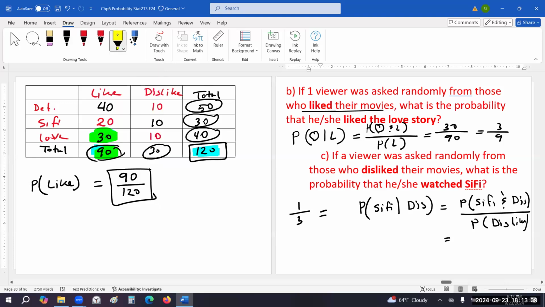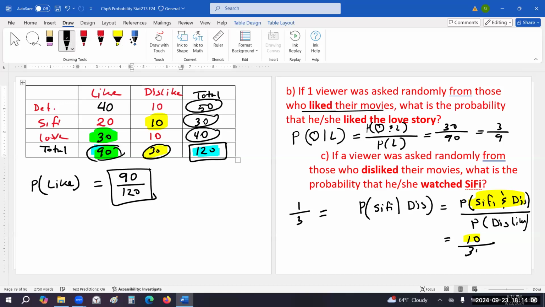So we have sci-fi but dislike 10. They watch sci-fi but they dislike that, like me. We have 10 divided by total dislike. Total dislike is 30. So we have 10 out of 30, which is 1/3.